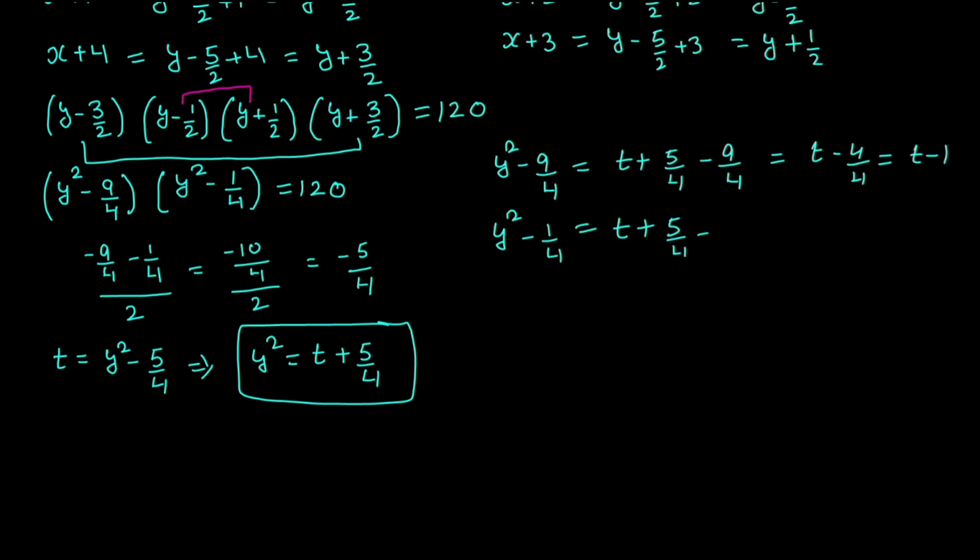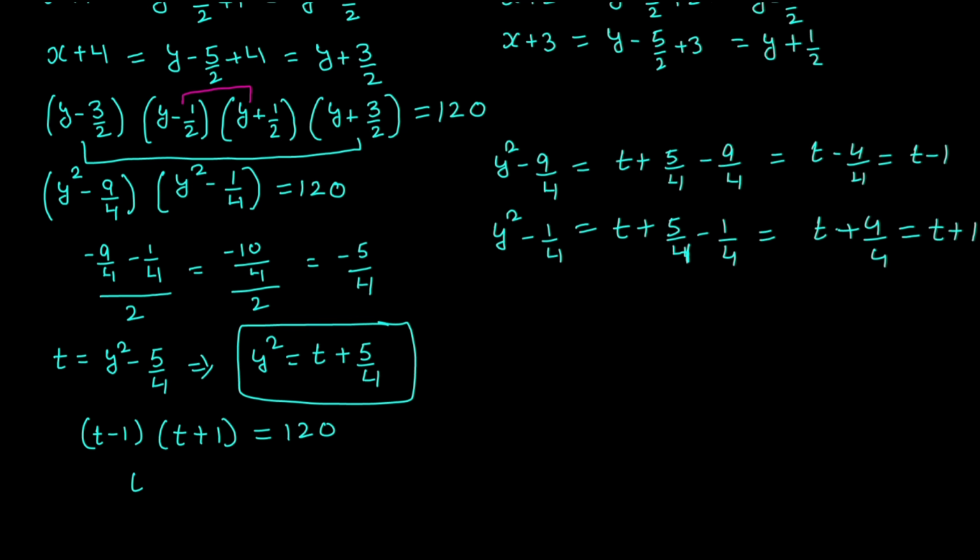So for this we have t plus 5 by 4 minus 1 by 4, which is equal to t plus 4 by 4, which is equal to t plus 1. So we see clearly there is minus 1 and plus 1. Our new equation in terms of t reduces to t minus 1 and t plus 1, which is equal to 120.